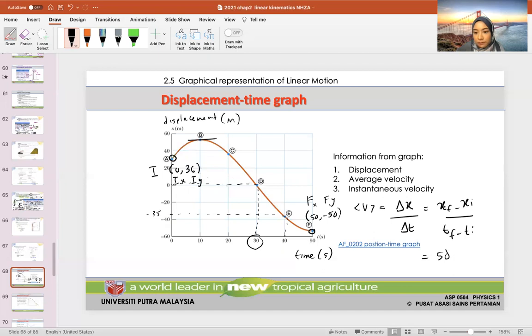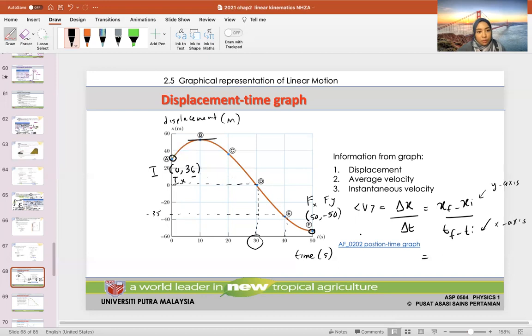So 50 final in the X and then the displacement is the Y axis. That's why I was confused. The displacement is the Y axis, even though its name is X. So this is referring to the Y axis values. This is referring to the X axis values.